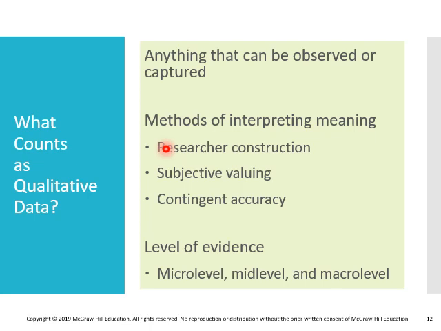How about subjective valuing? What is subjective valuing? Subjective valuing acknowledges that there are tangible artifacts or objective sources of meaning. When we say tangible artifacts, we mean things that are observable, things that we can touch and feel, say a mug or a cup or newspaper articles.